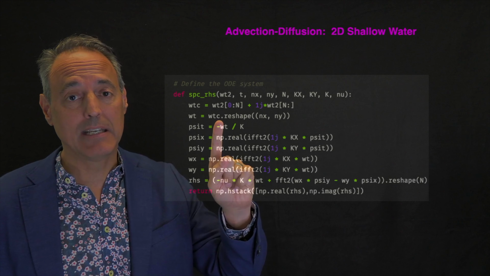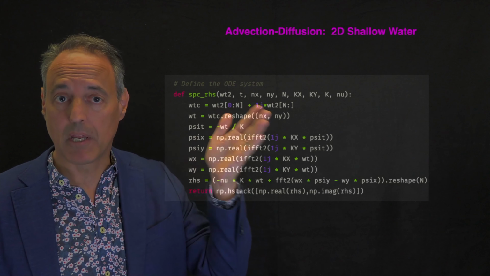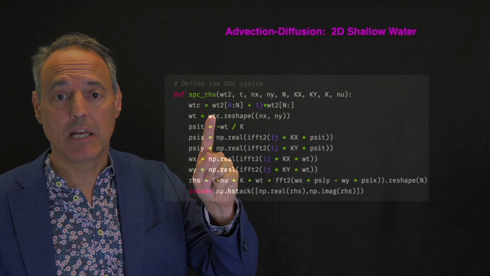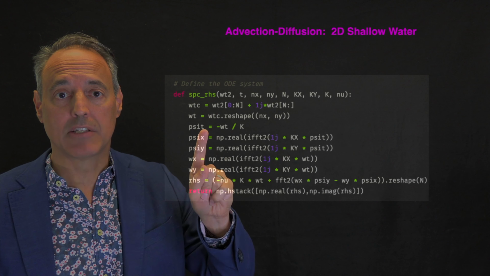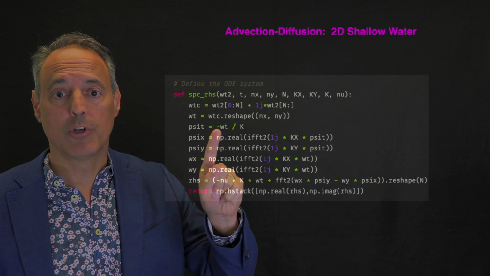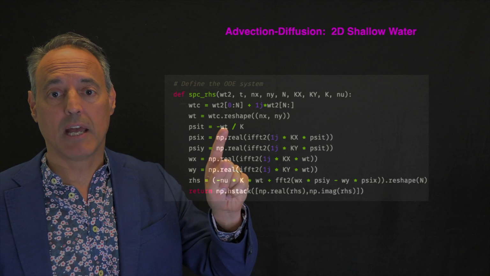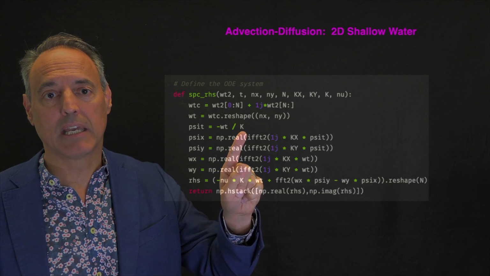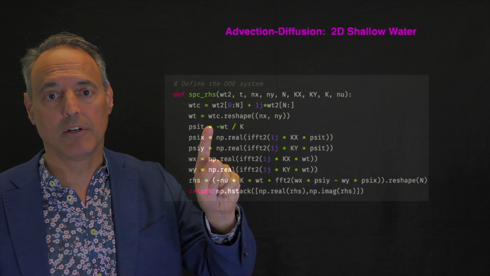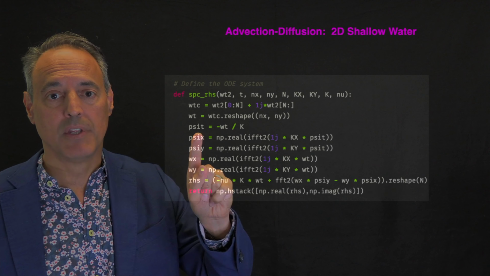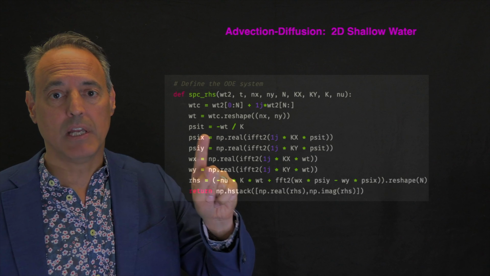I sent this in the Fourier domain because we're stepping in the Fourier domain. So I've sent it into the Fourier domain. And the first thing I do is right here. I solve for the stream function, which means I take the vorticity, which is Fourier transformed in x and y. I divide by kx squared plus ky squared, which is right here, and there's a minus sign. I now have the stream function in the Fourier domain. Okay?